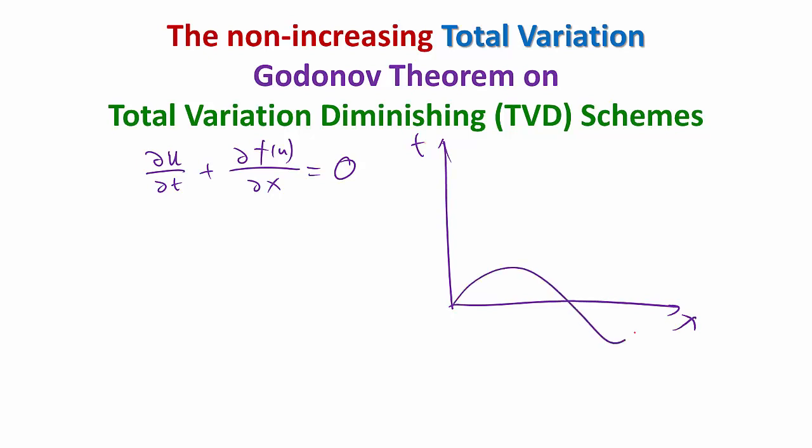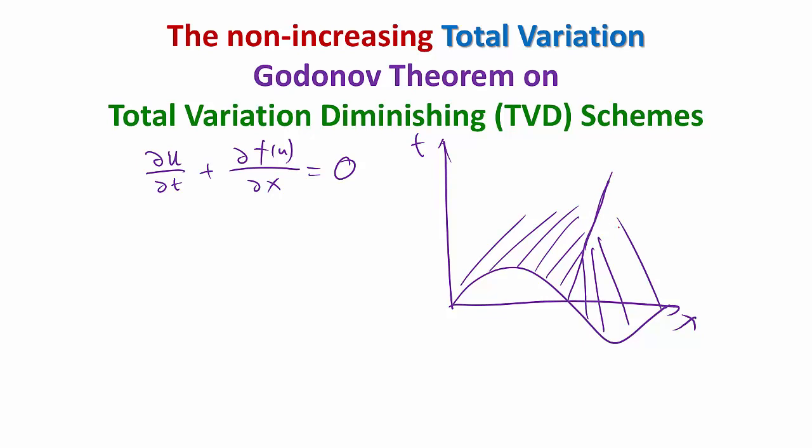So if we have an initial condition like this, no matter if it's Burgers' equation or any equation, the solution is going to follow characteristics. We may have shock waves where characteristics run into each other, but no characteristics come out of the shock waves. So there are no new characteristics generated in the solution anywhere.